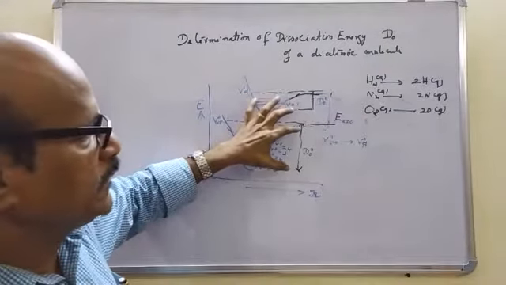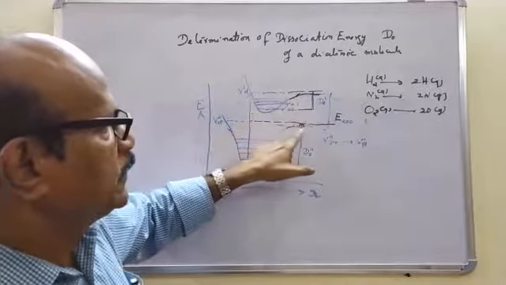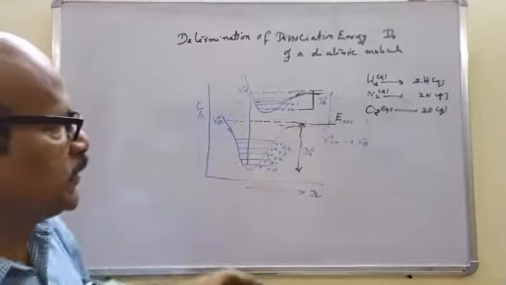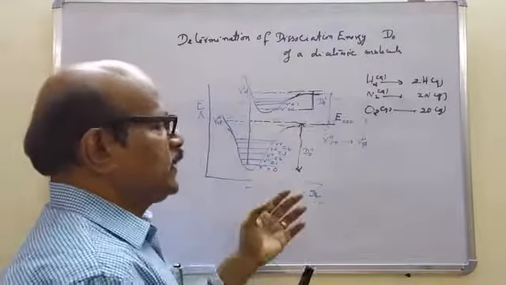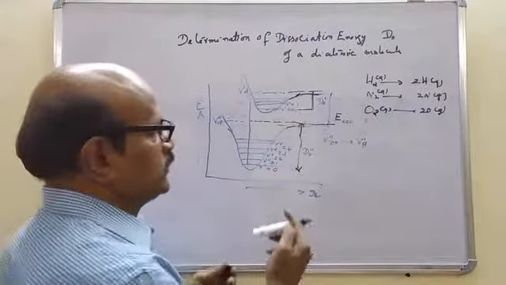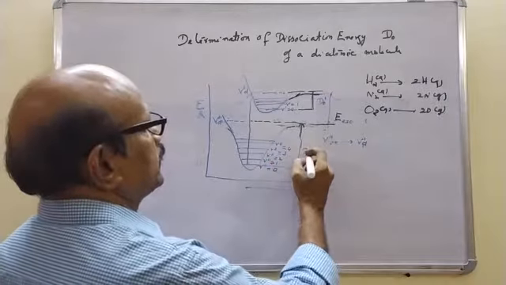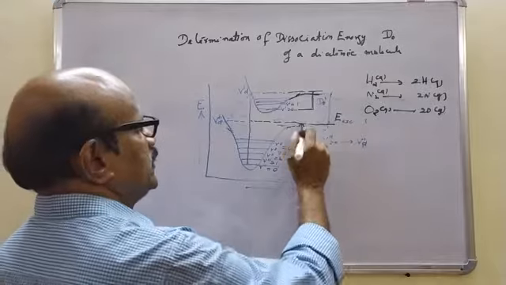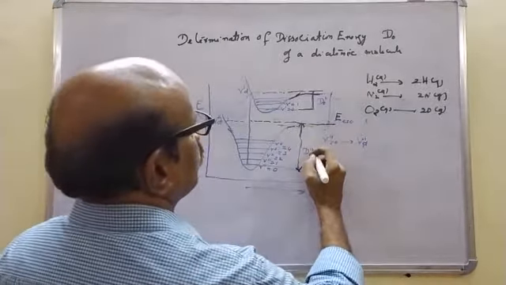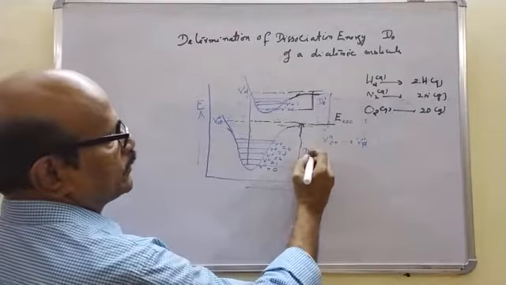We have to calculate the dissociation energy up to the surface of the potential surface distance. The ground electron state has a D0, that is called the dissociation energy of the ground electron state, represented by D0 double dash.